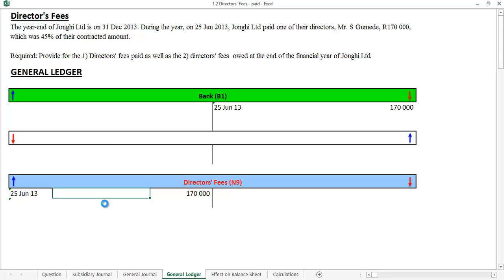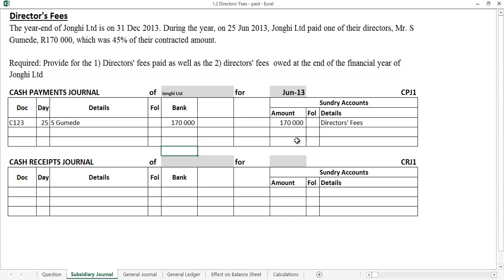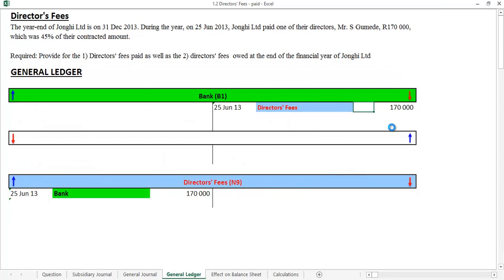This one is going to refer back to bank, and this one is going to refer back to my director's fees. There we go. And lastly, we can fill in our folio column, which is what we use to post from the subsidiary journal. Right, so we're going to post from the CPJ1. So we can enter here CPJ. Ooh, that's incorrect. We need to change that. CPJ1.